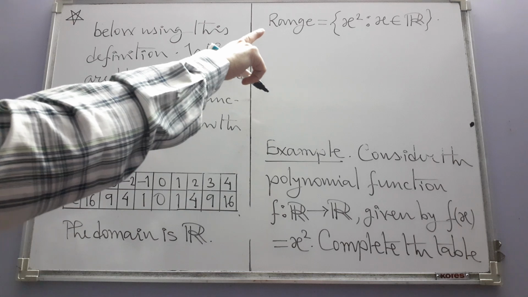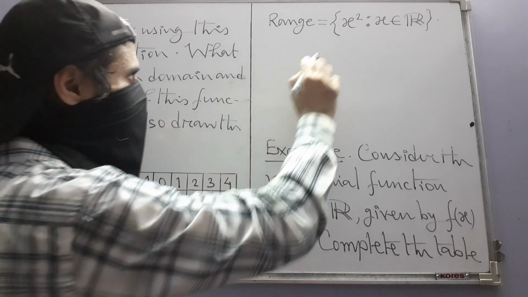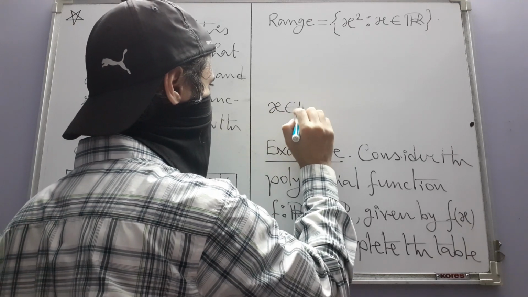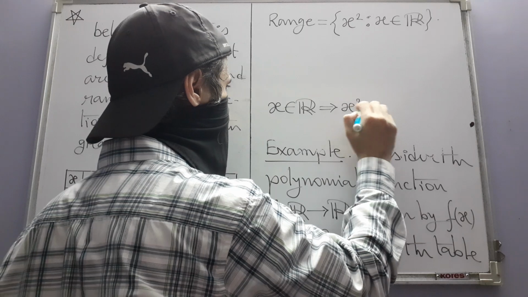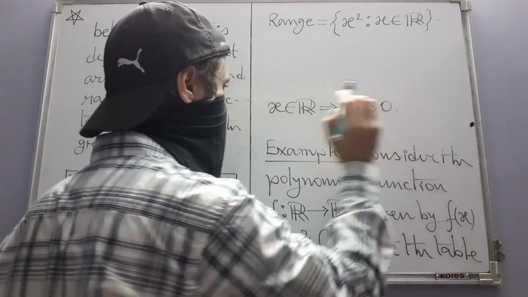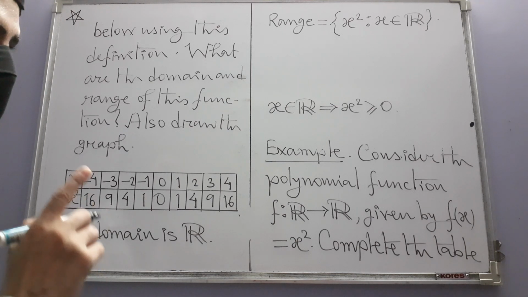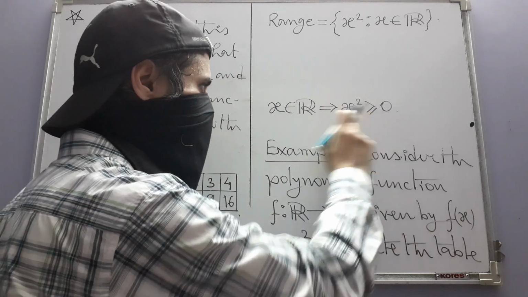Now, what type of numbers can appear there? You see, we know one thing about squaring real numbers. If x is a real number, then its square is greater than or equal to 0. In other words, it's non-negative, it's not negative, but it can be 0 only in one case, when x is 0.